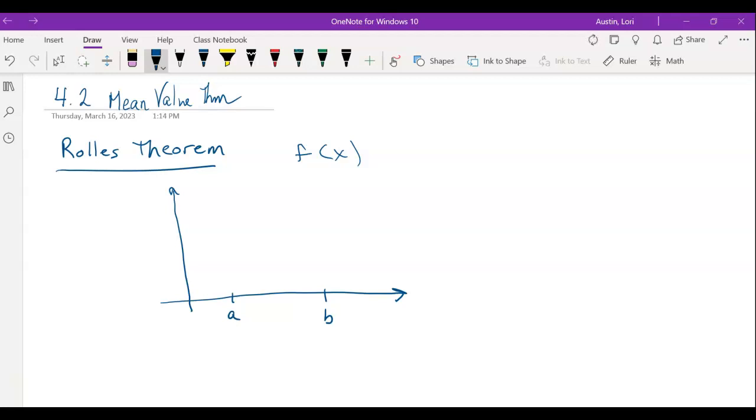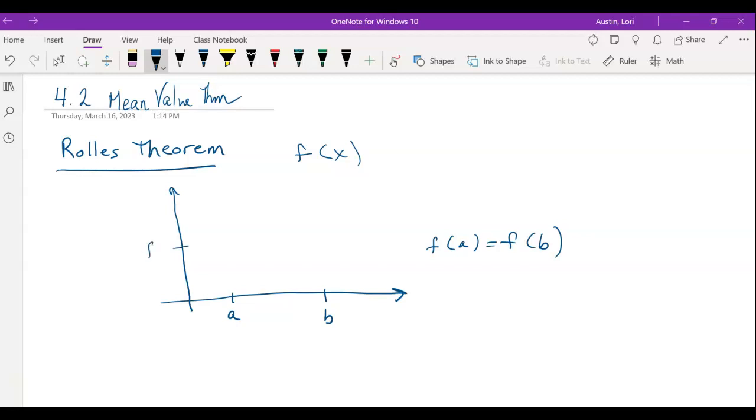So what's going to be so special about these points A and B? We're going to make it so that f of A is equal to f of B. So part of learning these theorems is understanding what that means. If I were to picture that, what does it mean that f of A is equal to f of B?